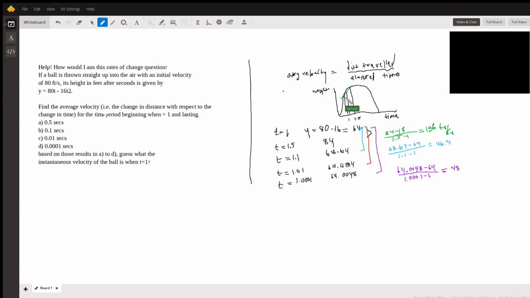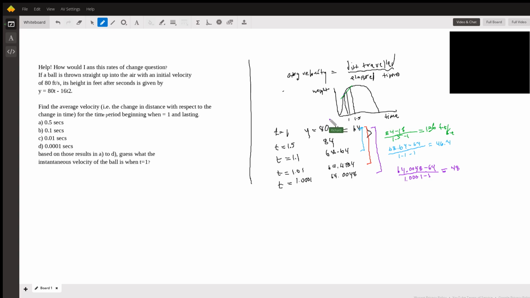I'm just pointing this out because it makes good sense that the velocity would be slower in the neighborhood of 1 than it would be in the neighborhood of 1.5, because at 1.5 you're still rising, although this is not drawn to scale.